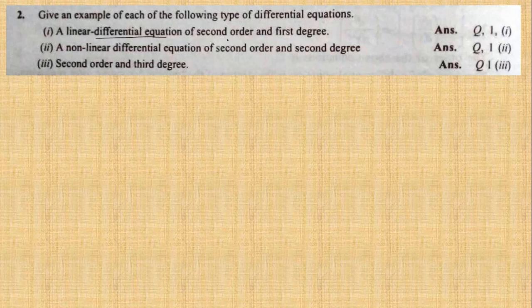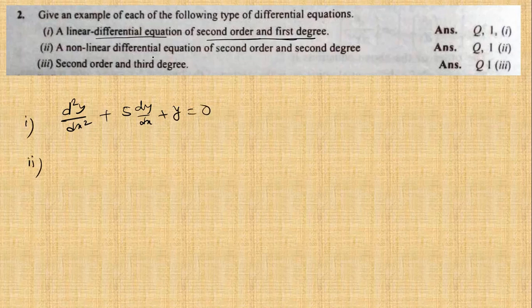Next, give an example of each of the following differential equations. A linear differential equation of second order first degree. Second order means d2y/dx square, and first degree, like d2y/dx square plus dy/dx plus y equals 0. Number 2, a non-linear differential equation of second order second degree.